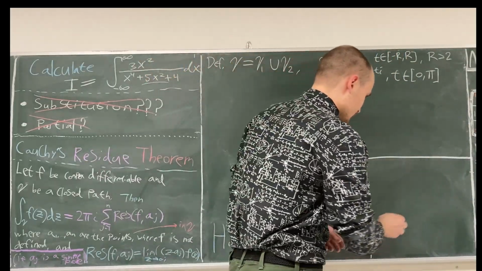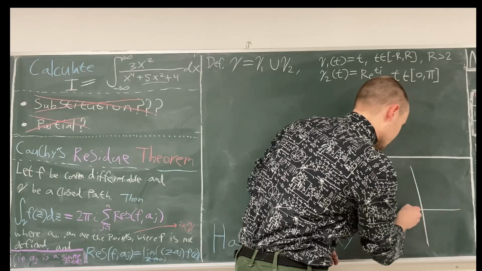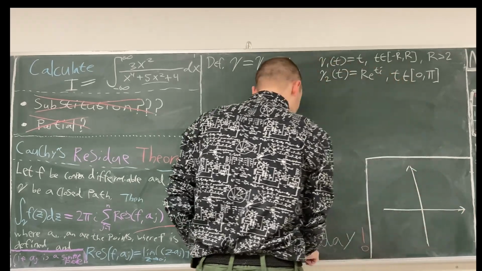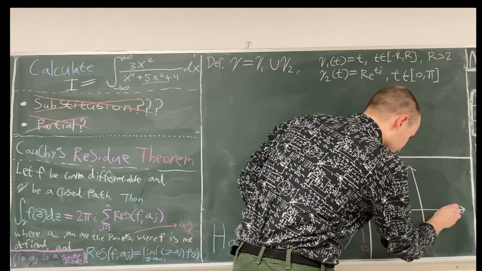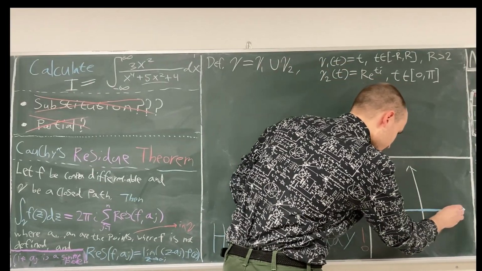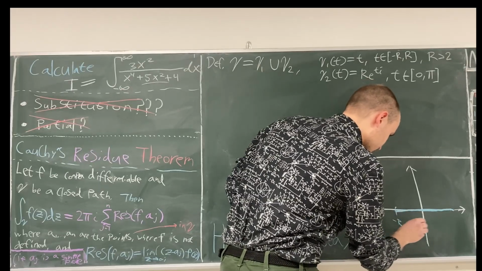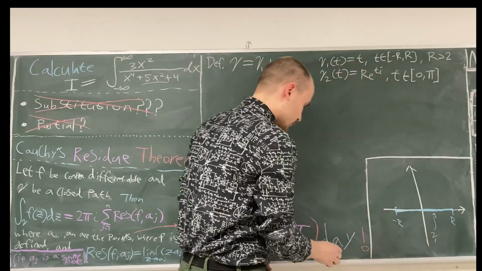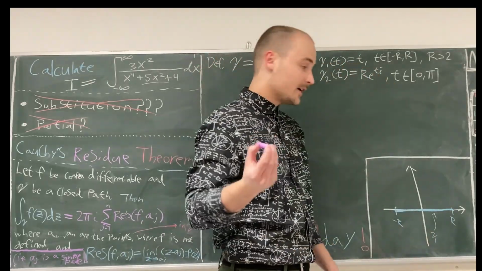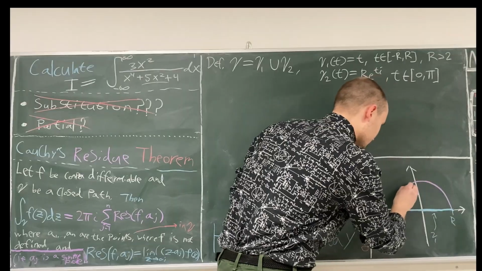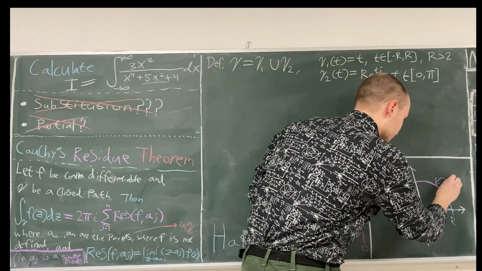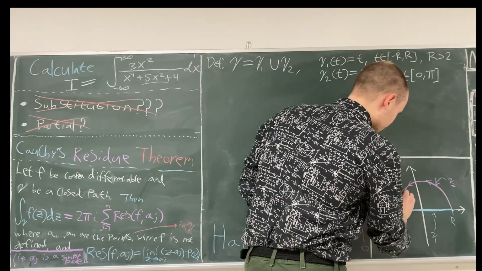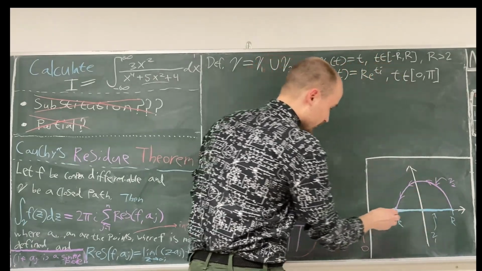So this is going to give us a half circle, and we can draw gamma here. Gamma 1 is going to be just traveling along the real axis, from minus r to r. So this is gamma 1. And then gamma 2 is given by the half circle here. Alright, and it is important that we travel the right direction around the curve.